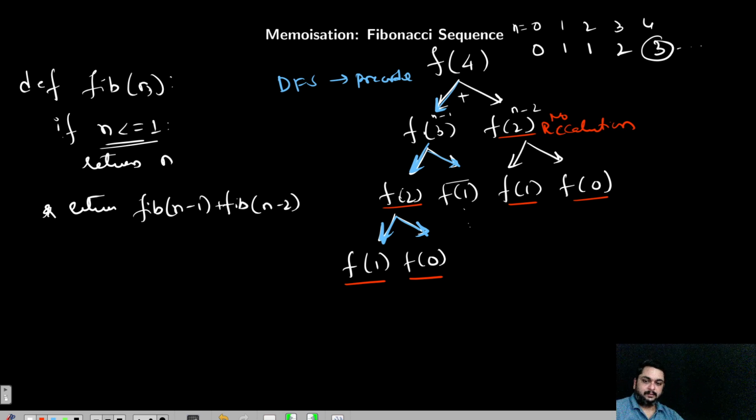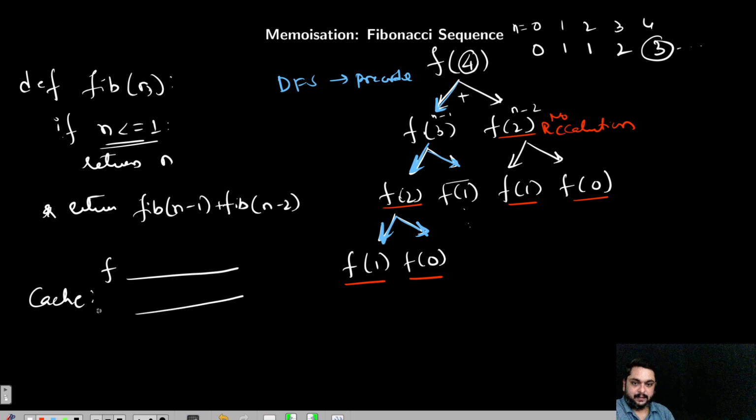So how to store it? Initially, whenever I first call that function with a particular argument, whatever value is there, 4, 3, this should be hashed. So how will the cache memory look? This is the cache memory: the function f, and then we'll have the values. It is a key-value pair, hashable.